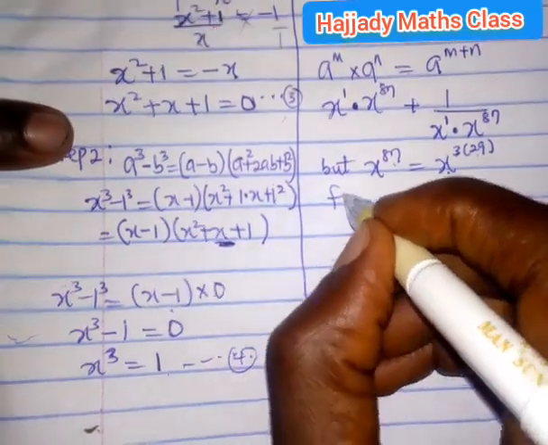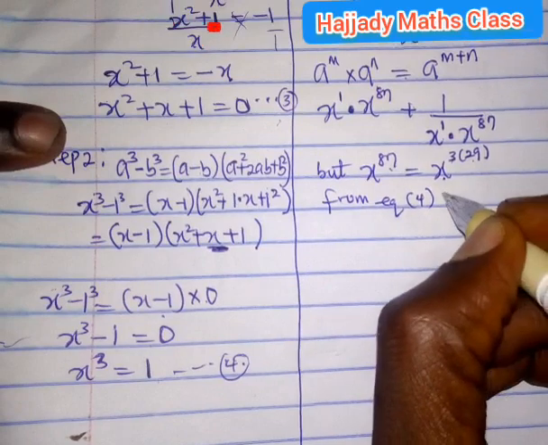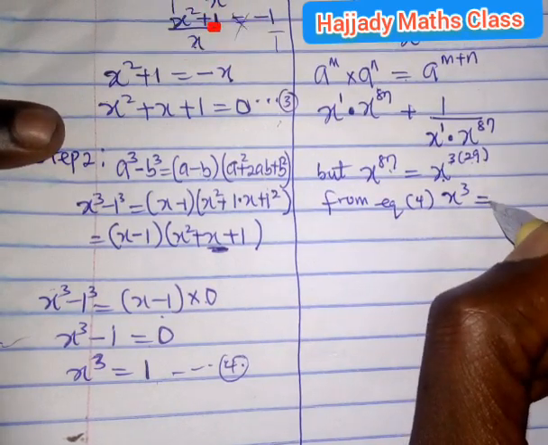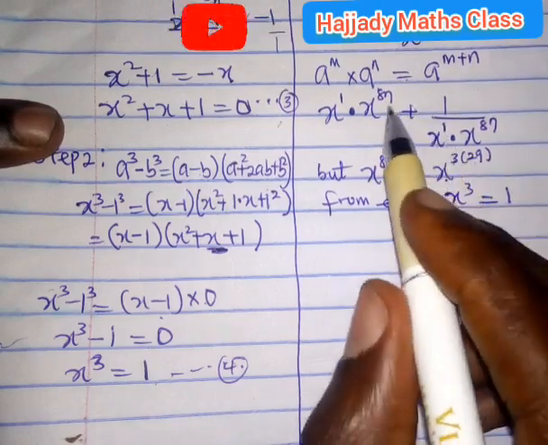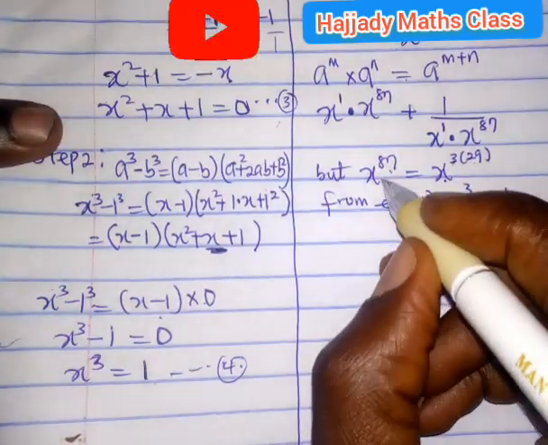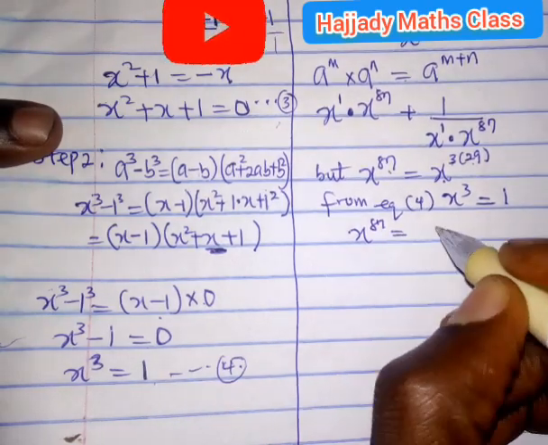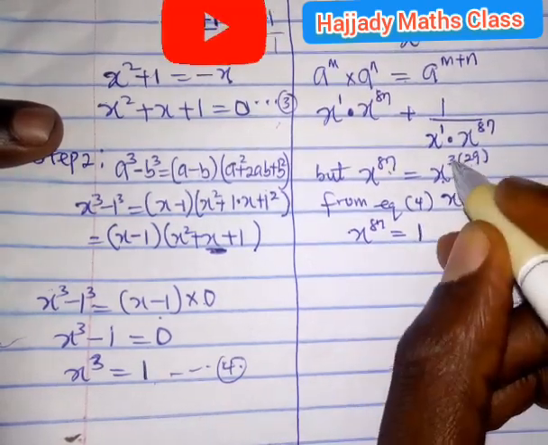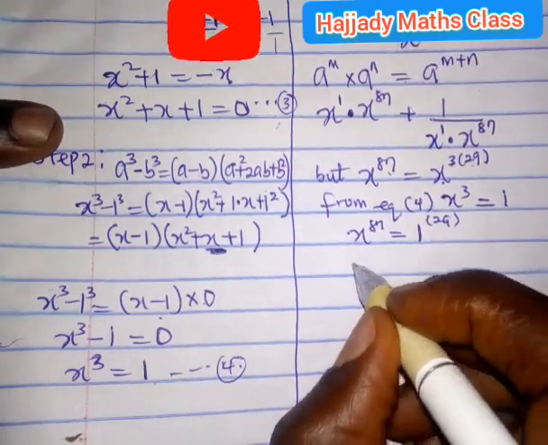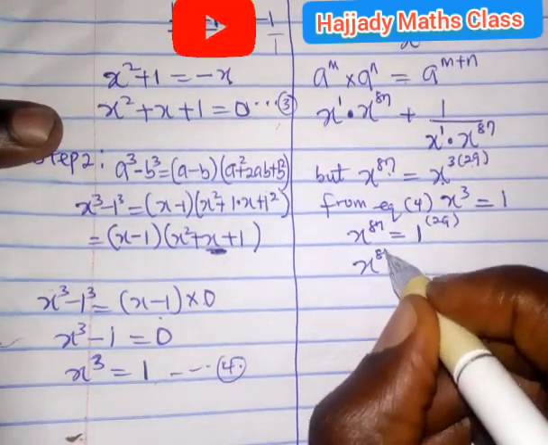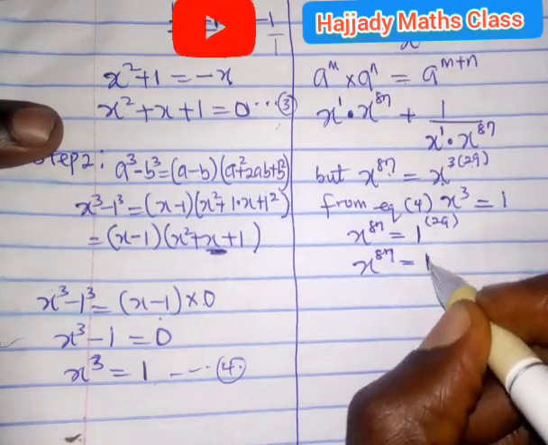From equation 4, x raised to power 3 is the same as 1. So that is what we are substituting in here. This shows that x raised to power 87 is the same as 1 raised to power 29. So x raised to power 87 equals 1.